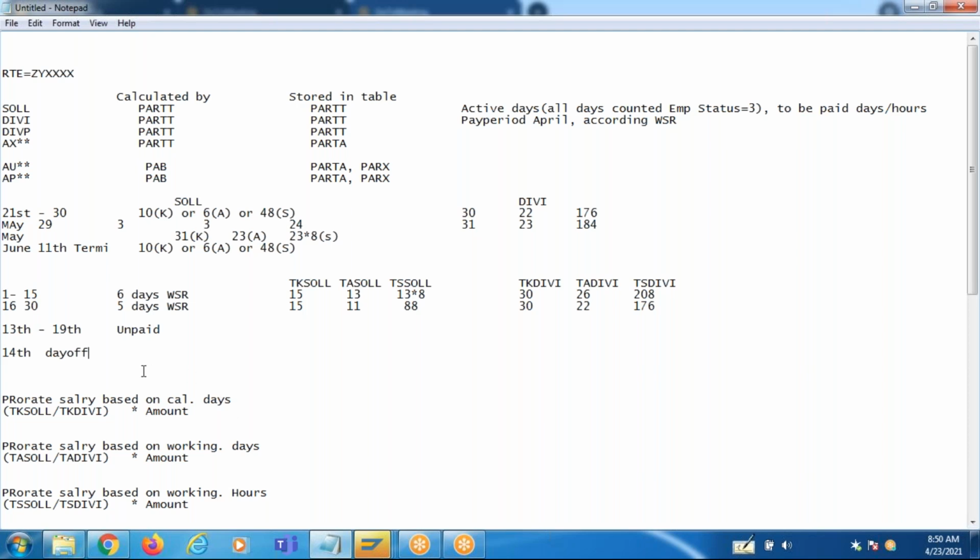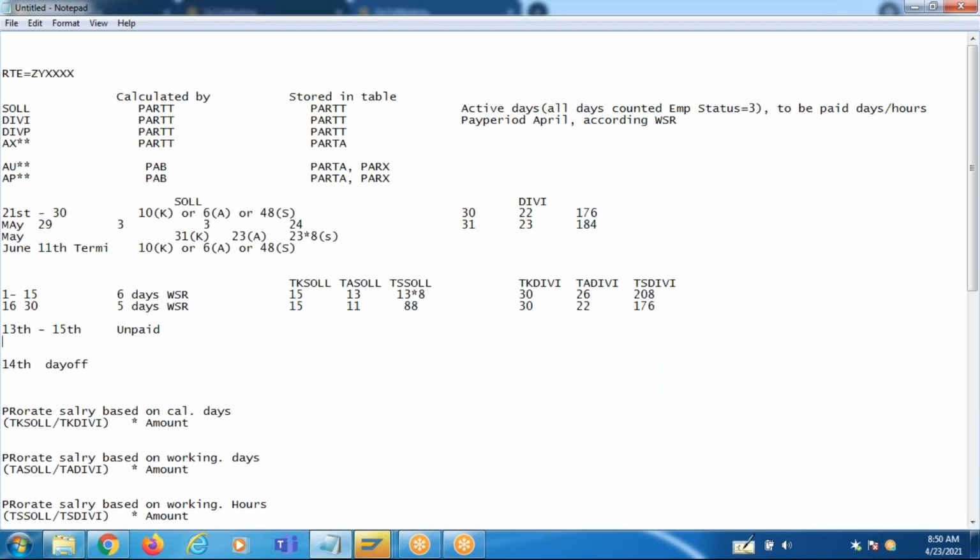So this unpaid leave also will be split based on WPBP, guys. If it is split based on WPBP, then the 1st to 15th is one record, and the 16th to 19th is another record.